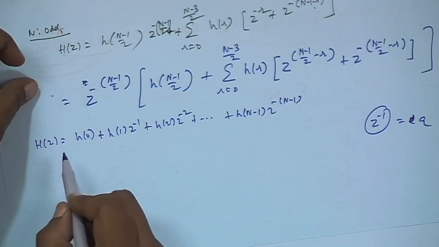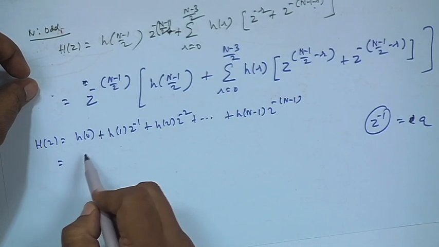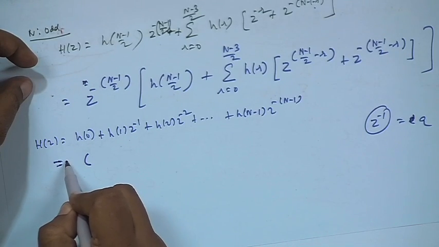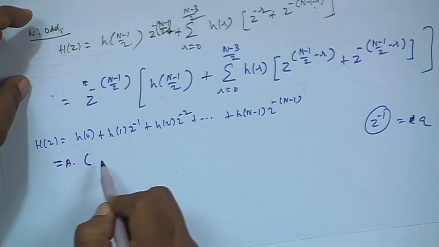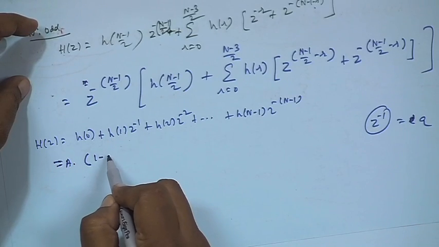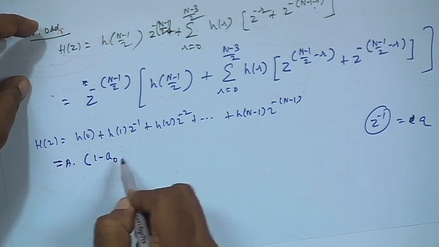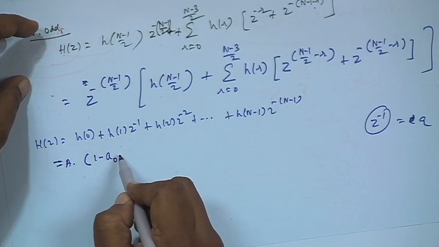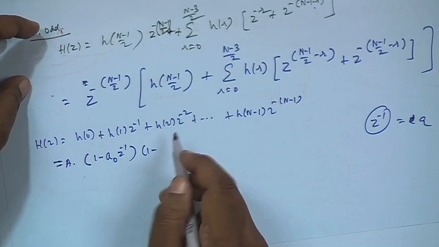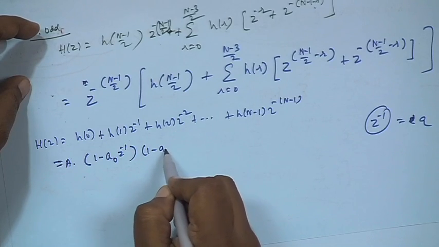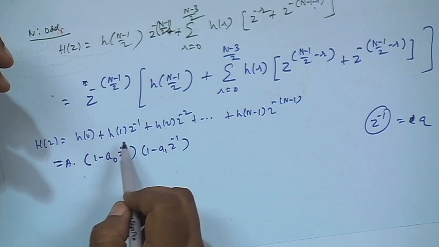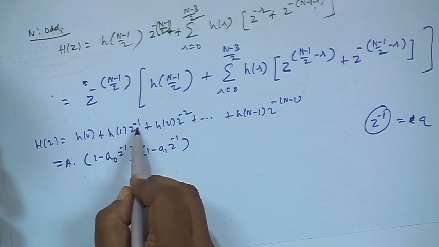So, first order factors will be of this form, some constant you can take out, maybe a into 1 minus maybe some root a 0 q, q is z inverse, right. Then 1 minus a 1 z inverse. After all, to make life simple, you can replace all z inverse by q.